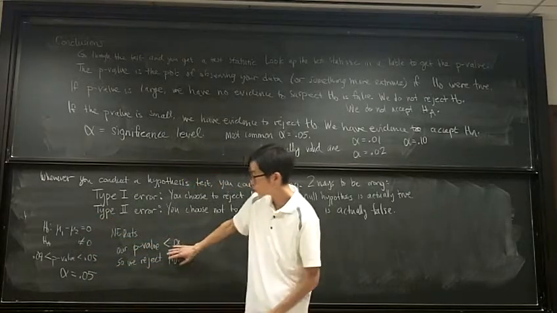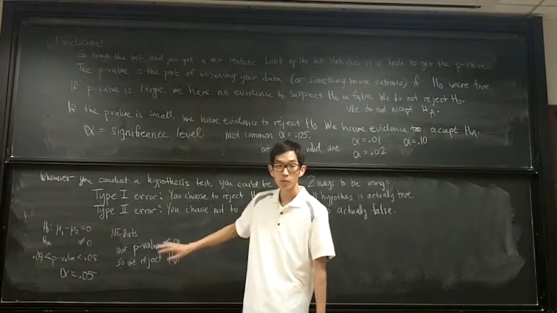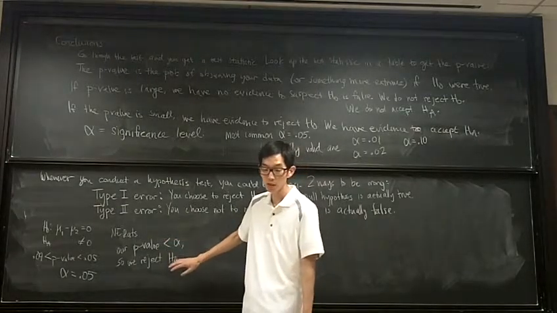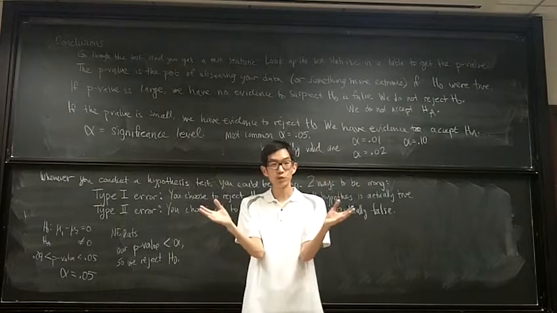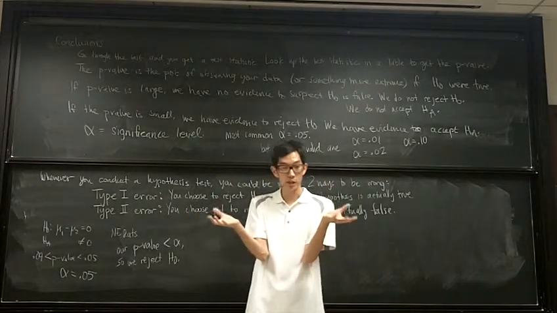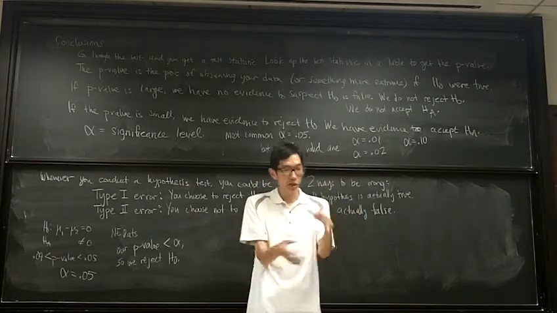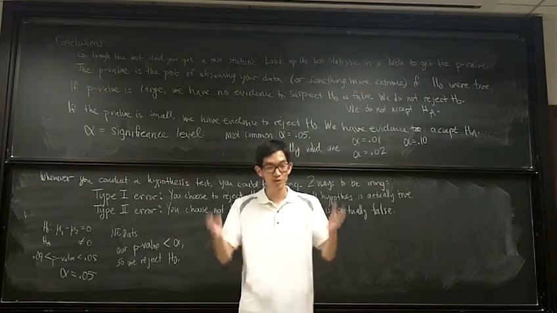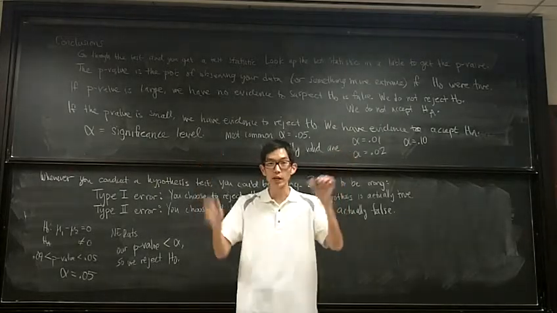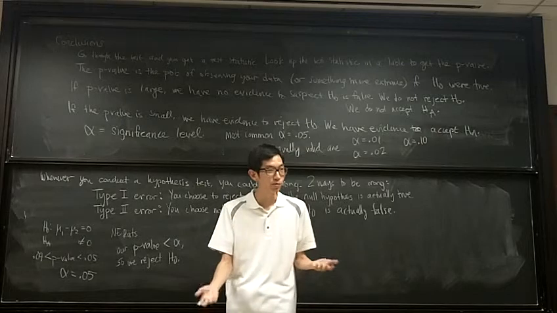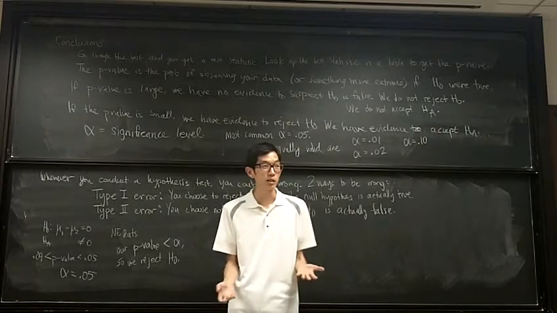So if this conclusion was wrong, then it means that there's no difference between the two rat groups in reality. But somehow, due to the random nature of randomly selecting rats and every rat being different and you don't know what kind of rat you got, okay?